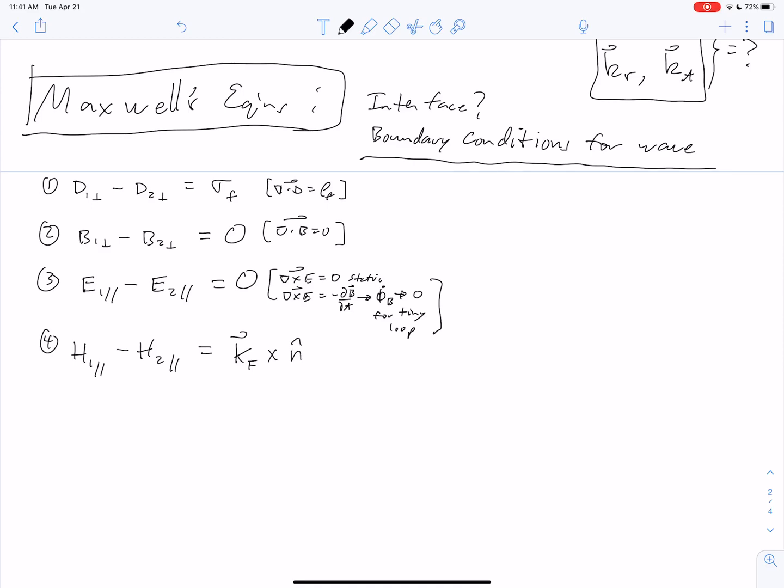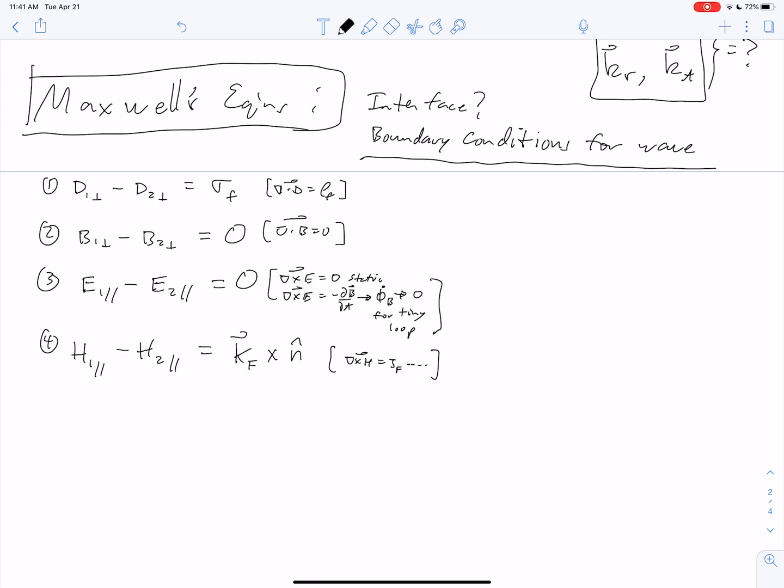And we got that from Ampere's law. We know that one, right? Del cross H equals J free. Okay, so these are our boundary conditions.